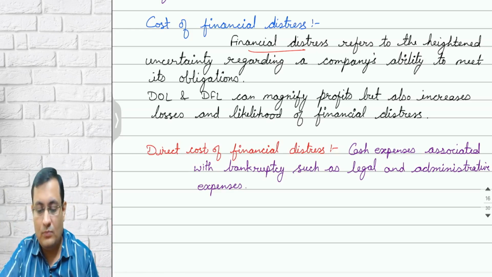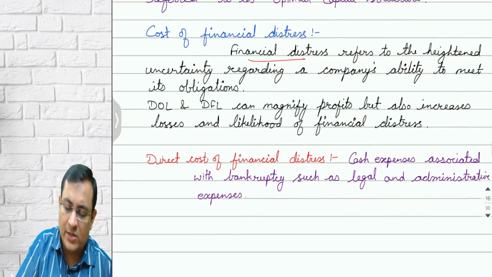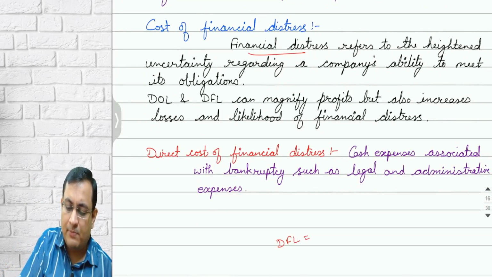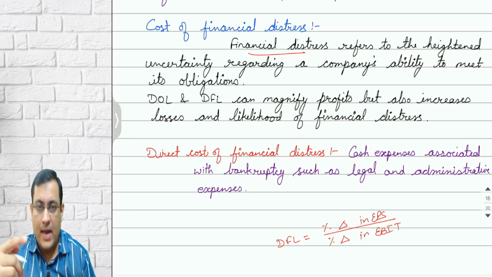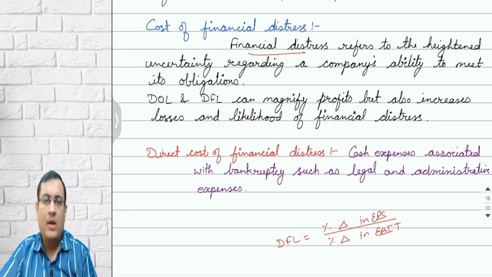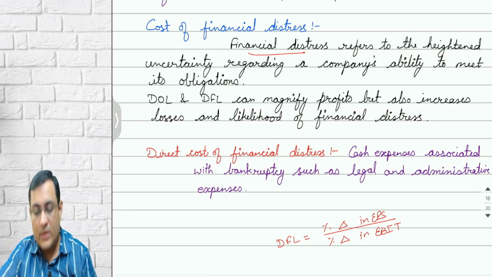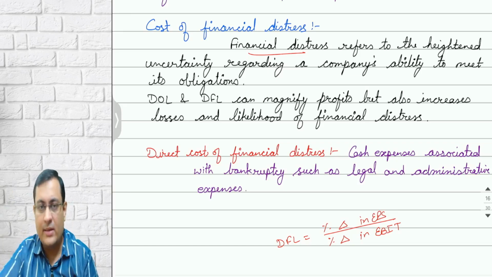What is the DFL, degree of financial leverage? DFL is percentage change in EPS with respect to percentage change in my EBIT, that is my operating income. So as you increase the leverage in the capital structure, this DFL is going to increase, and that increase represents an increase in risk.